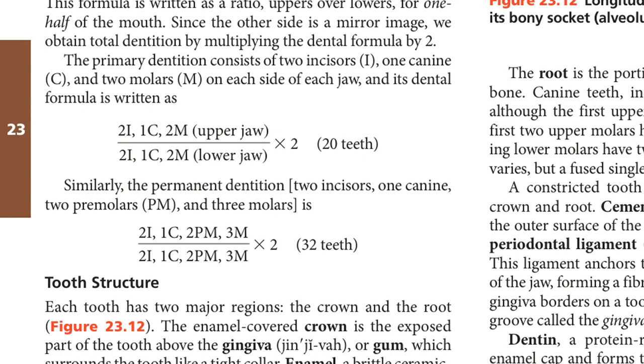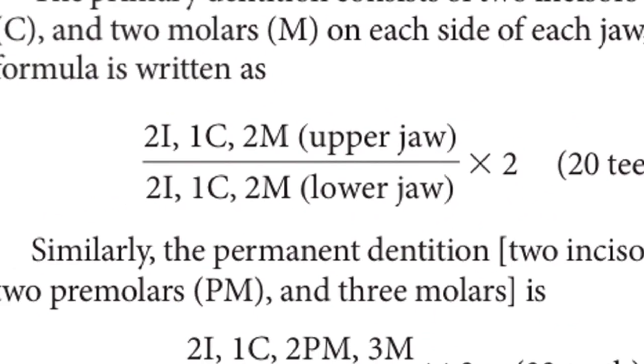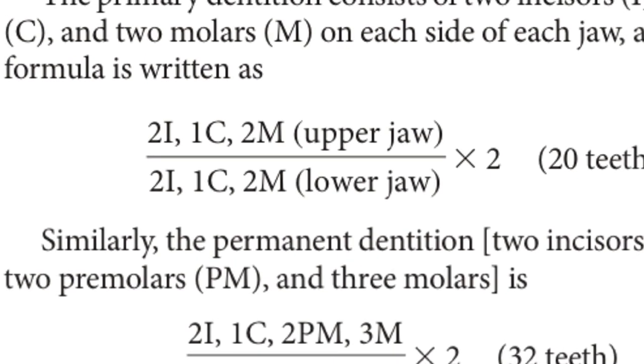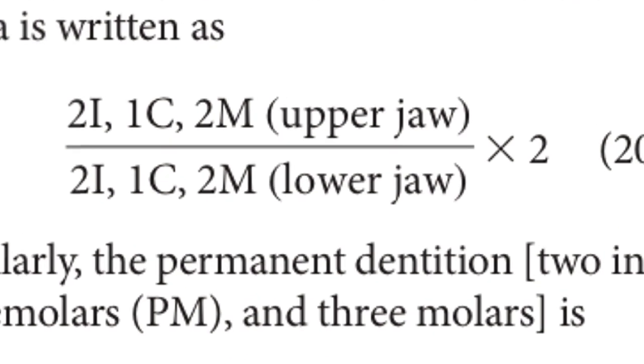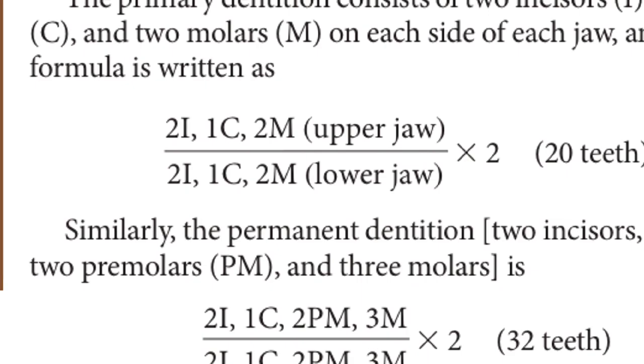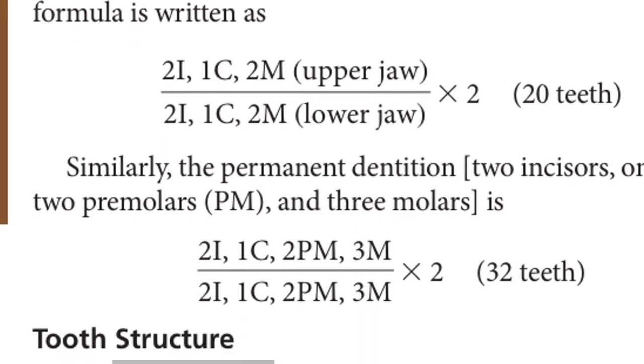So I means incisor, 1 canine, 2 molar. So 2 plus 1 plus 2 is 5, and in the lower jaw also 2 plus 1 plus 2 is 5, on left and right both sides. So in the upper jaw 10 teeth, in the lower jaw 10, so 10 plus 10, there are 20 teeth.